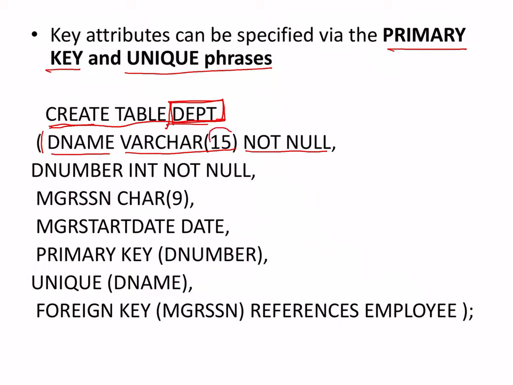You can also take note that the length of the field has been mentioned here. Then definitely there's a comma separating it from the second attribute. The second attribute has been named D number, integer and not null. Then the third field is MGR SSN, that's manager SSN, then char and 9.